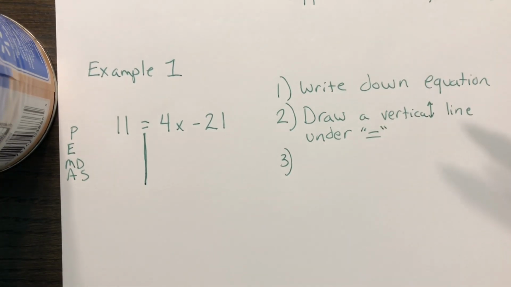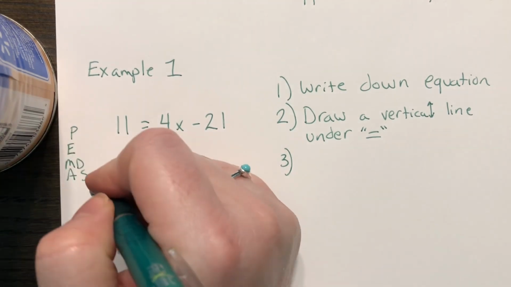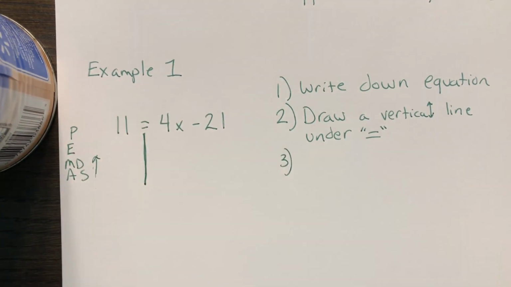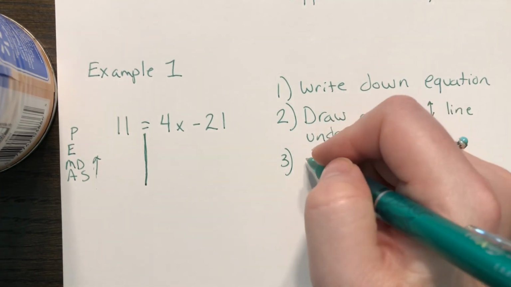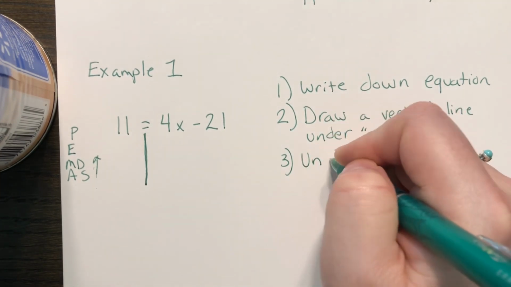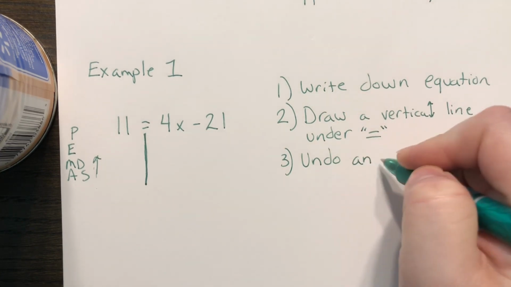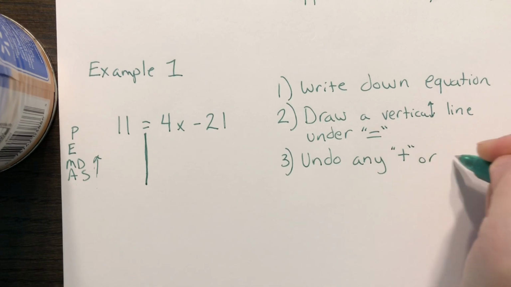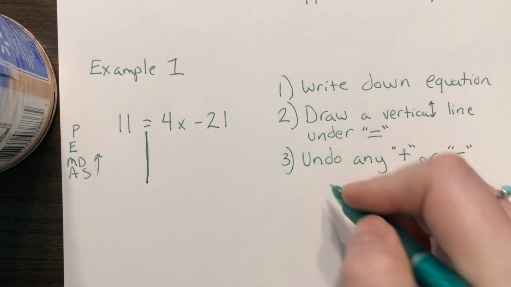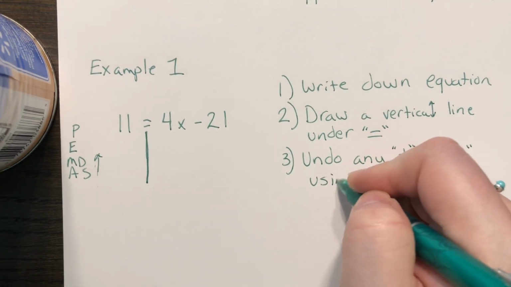When you're missing information, you have to solve it backwards. Since we're going backwards in solving this equation, we're going to start by undoing any addition or subtraction using the inverse operation.